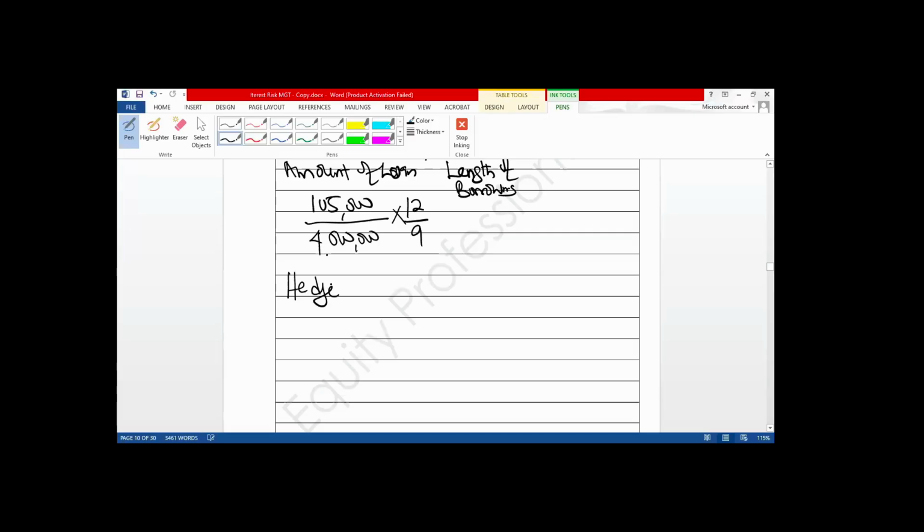Hedge efficiency ratio is equal to profits over loss multiplied by 100.